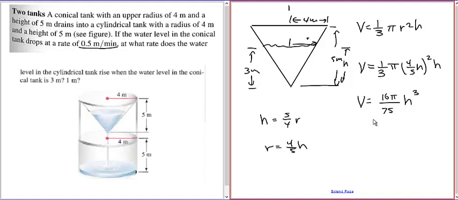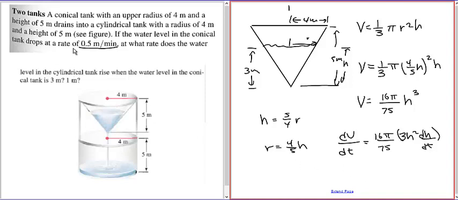Then we can take the derivative with respect to time, so dV/dt is equal to 16 pi over 75 times the derivative of h cubed, which is 3h squared, but because the variable we're taking the derivative with respect to is t, you get dh/dt.